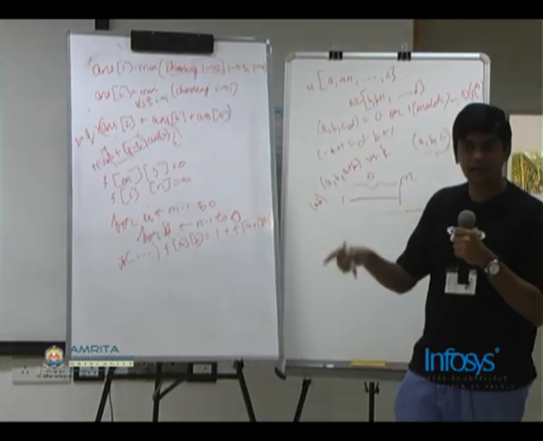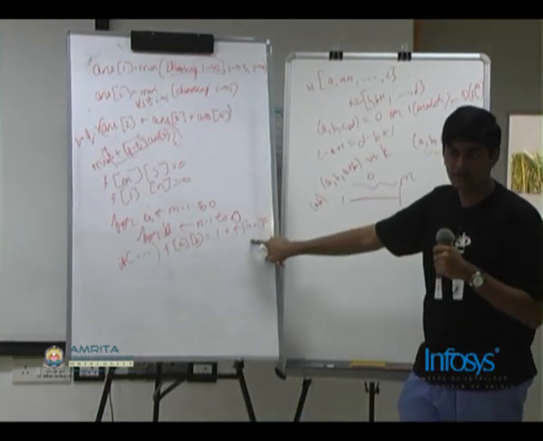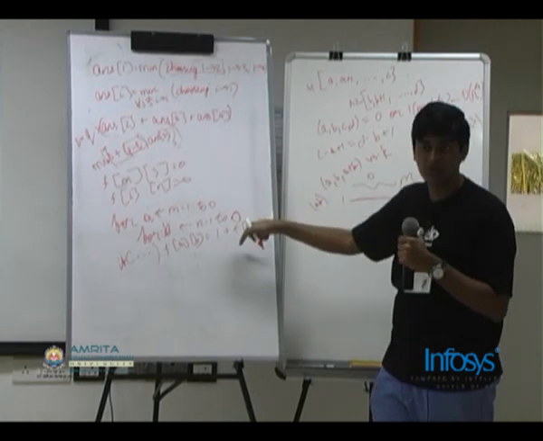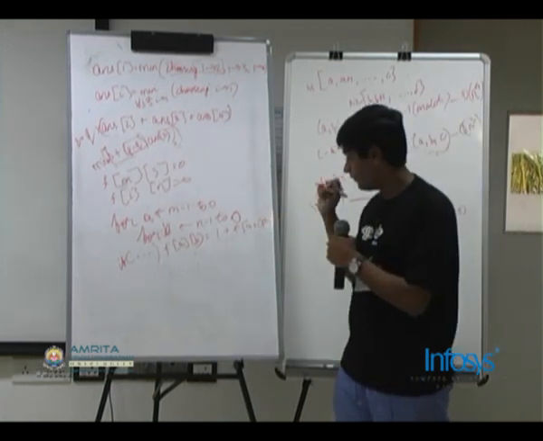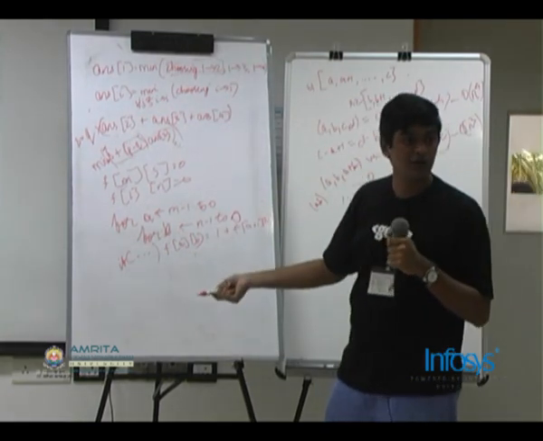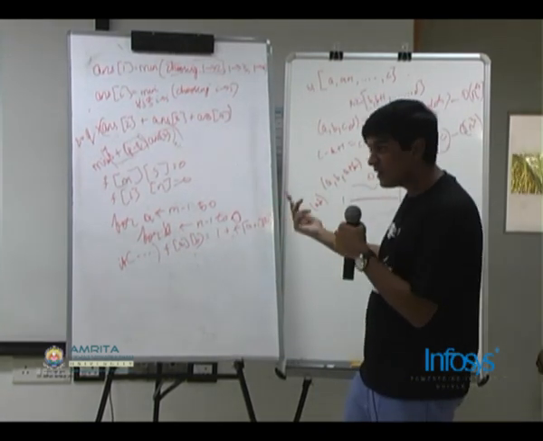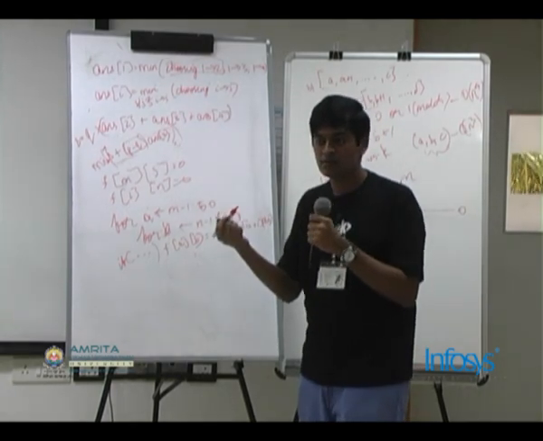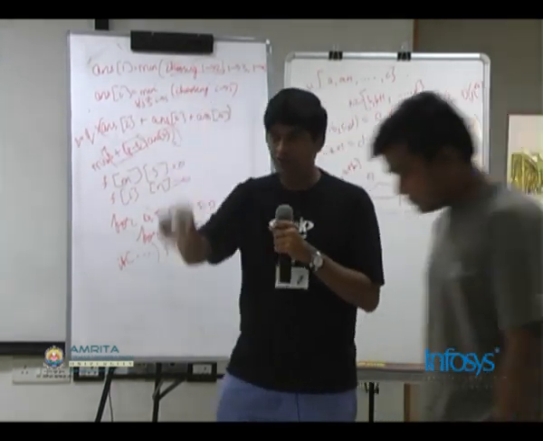Here we are assuming we know the value of f a plus 1 b plus 1 already, that is, we have already computed this value. So from some state we only go to the states which we have already computed. This is called the bottom-up way. Memoization is a top-down way of going.